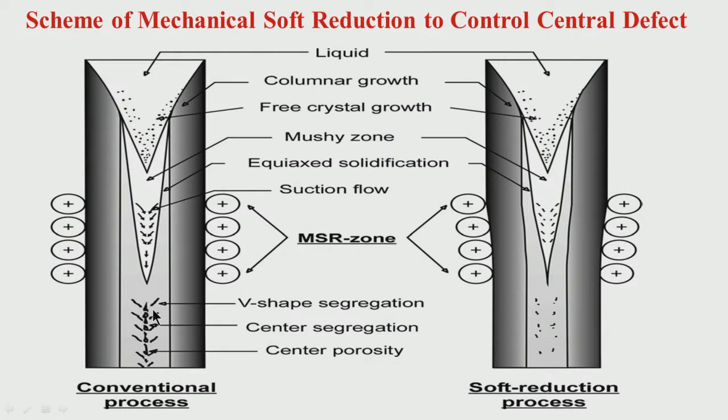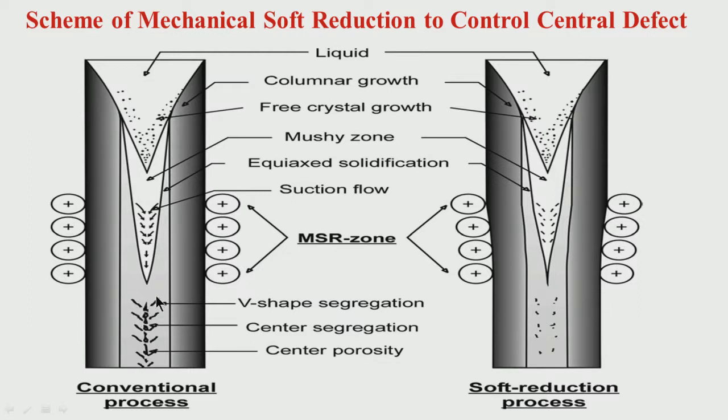But if the superheat is more and you are not using electromagnetic stirring, EMS, then as I have told you, the columnar solidification, this is the columnar zone, can extend till the central area. There will be no equiaxed zone in that case. In that situation your crack formation is more extensive, your segregation is more extensive, and you may not have V segregation.